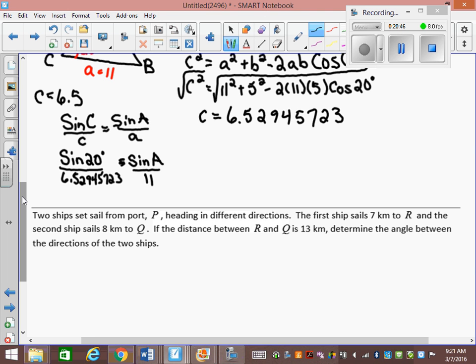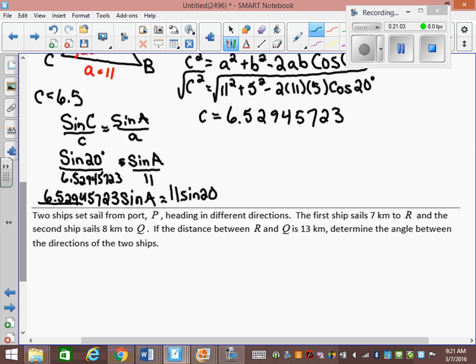All right. So I always do the unknown one first. Side length, 6.529455723 sine A equals 11 sine 20.